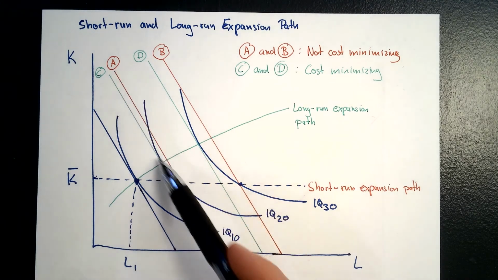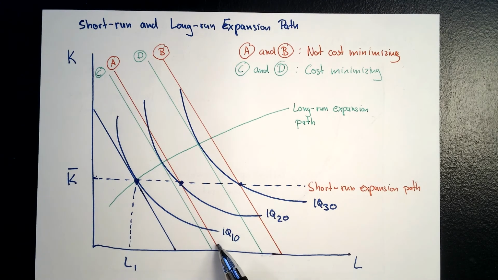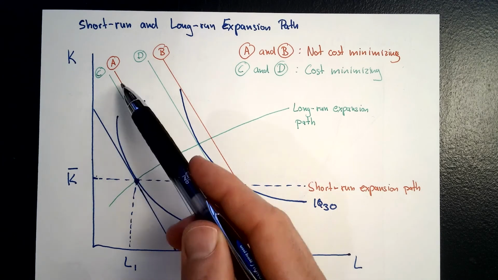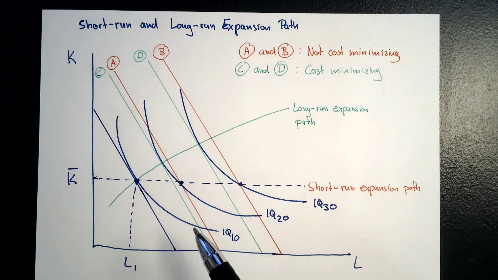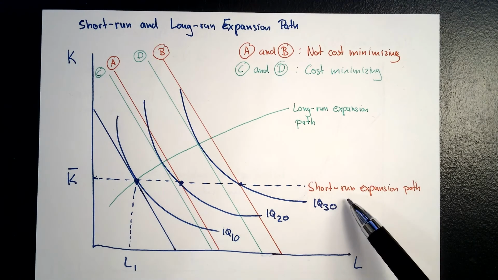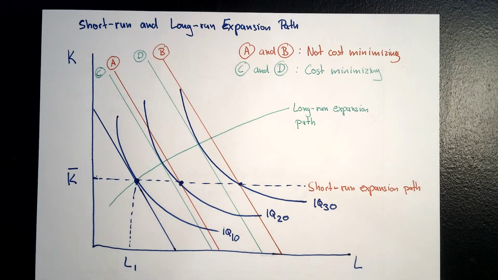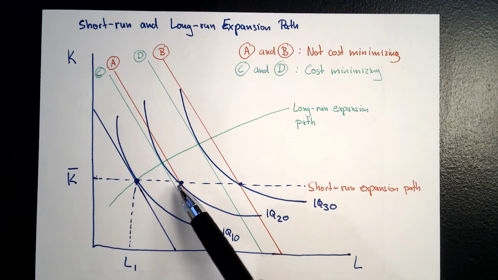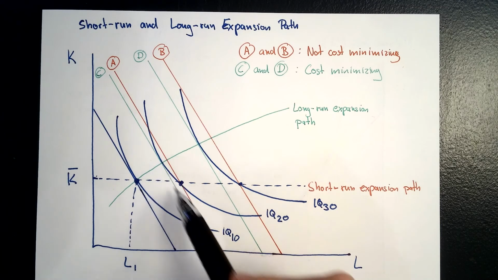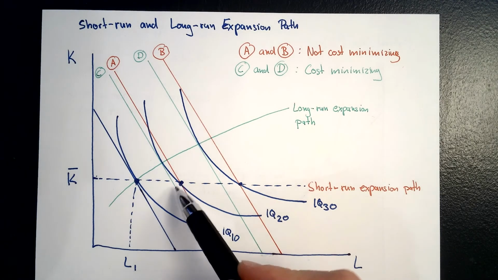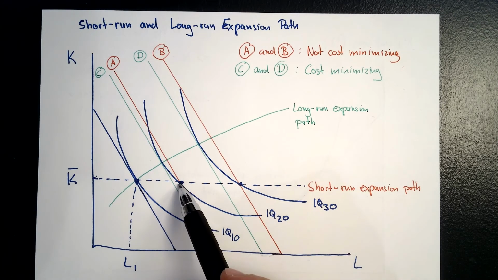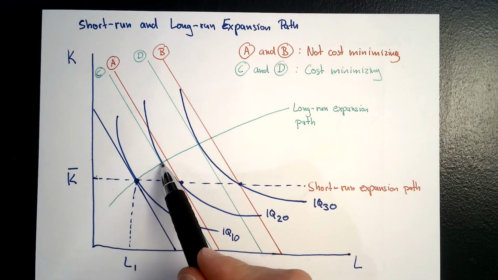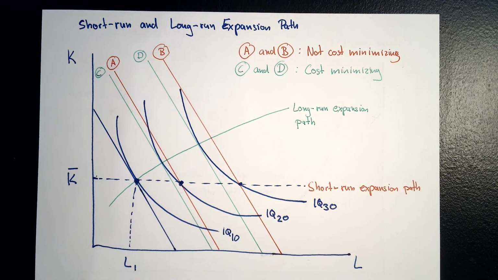So the red isocost line here is the isocost line associated with the situation where the firm is in the short run and cannot adjust all the inputs accordingly. Only in the long run, when the firm can move away from K bar units of capital, can they adjust their inputs, using fewer units of labor and more units of capital to arrive at this point here.